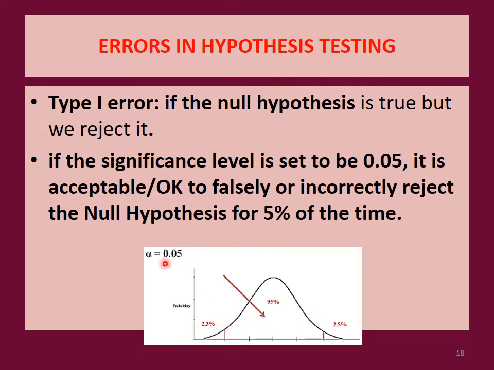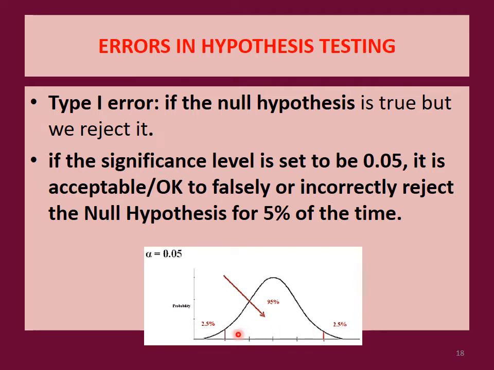Then we see the graph. Here, alpha means type 1 error. The error is set at 0.05. That means 5% is the error. Then 95% correct, no? We set the error to only 5%, with 2.5% for the left side and 2.5% for the right side.